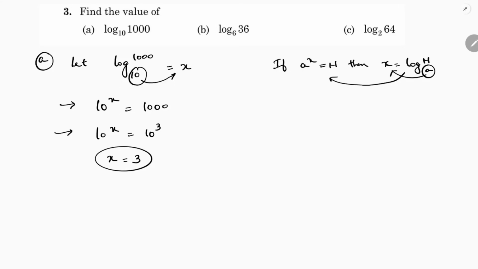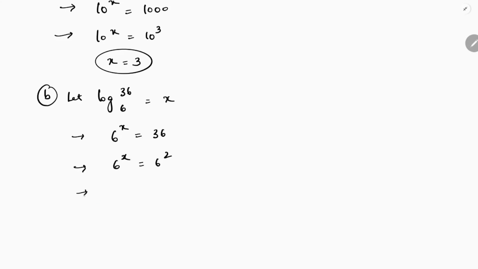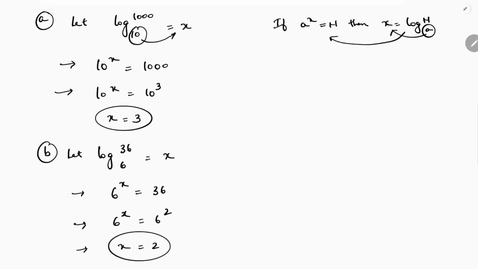Second question, log 36 to the base 6. I'll consider it equals x. Now if I write in exponential form, 6 power x equals 36. 6 power x equals 6 square. Therefore, the value of x is 2. Next question, log 64 to the base 2.